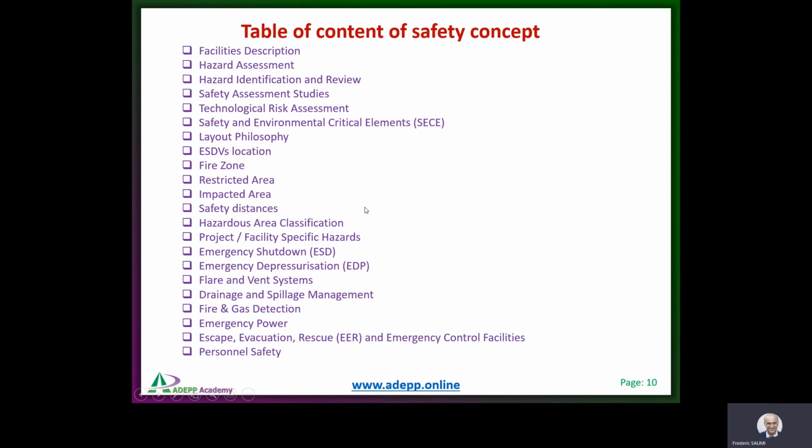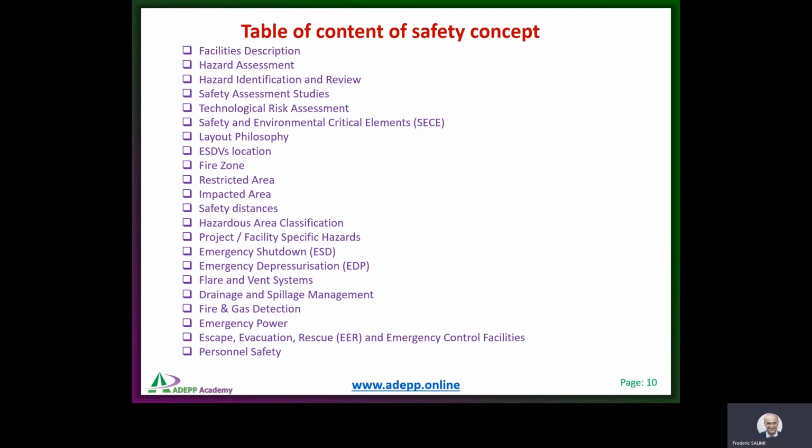And finally, table of contents. Table of contents should mention facility description, hazard assessment, hazard review such as HAZID, HAZOP, and C review, safety assessment studies, for example, drop object studies, etc.